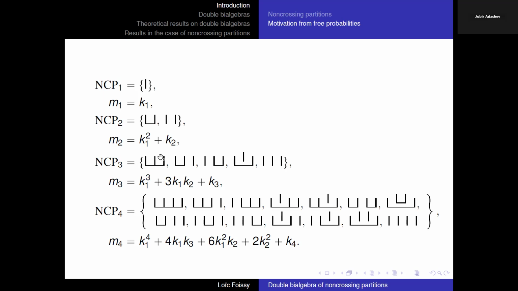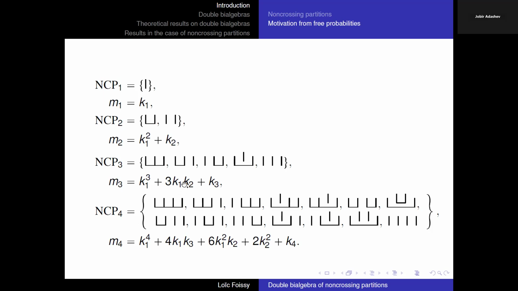This has only one block of size 3, so this contributes k3, and these three non-crossing partitions have one block of size 2 and one block of size 1, so they contribute k1 k2, 3 times. And the same for n equal 4, you have 14 terms, 6 for k1 squared k2, because you have 6 non-crossing partitions with a block of size 2 and 2 blocks of size 1. In fact, they are here, and so on.